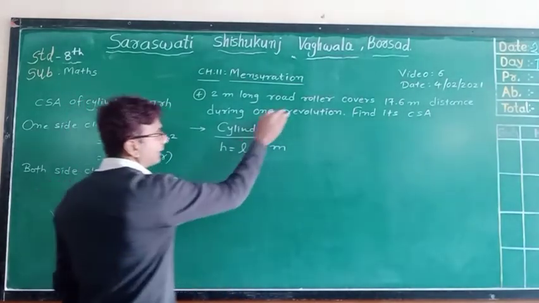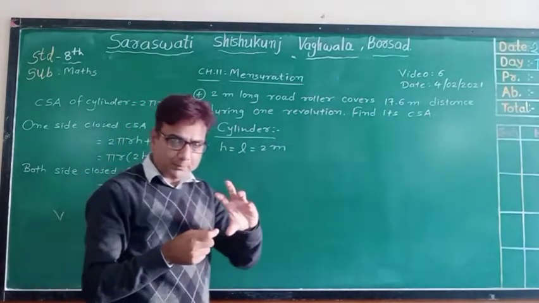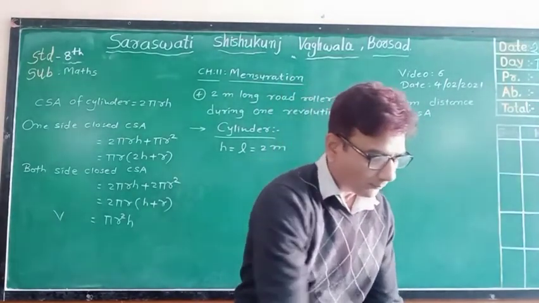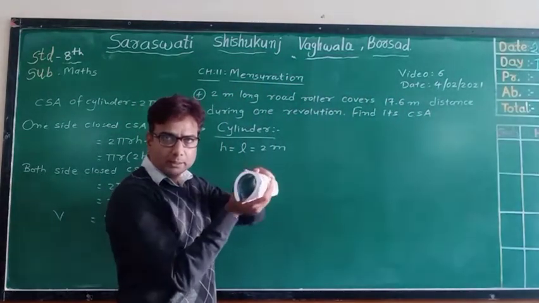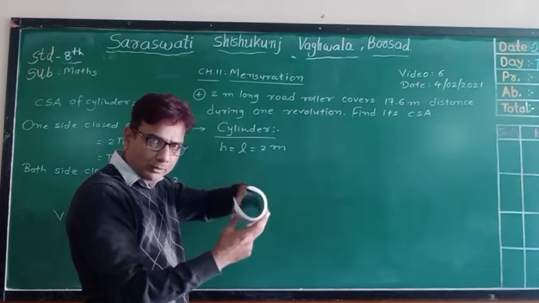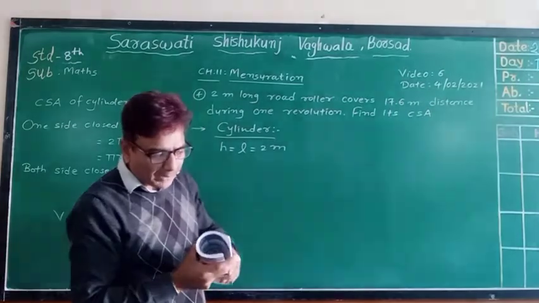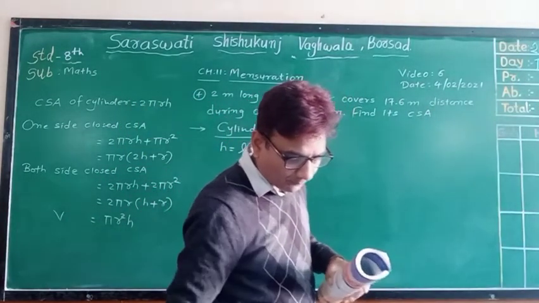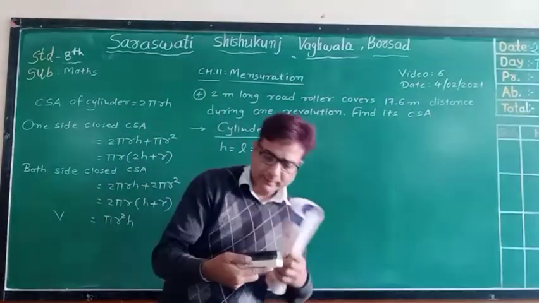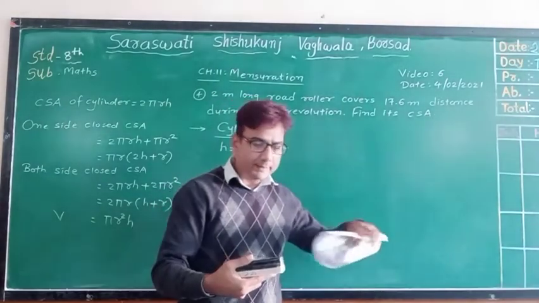If the road roller covers 17.6 meter, that means if that road roller moves one round, then it covers some distance. If I move this one round on the plane surface, then this distance is cut into a straight line, and it is 17.6.